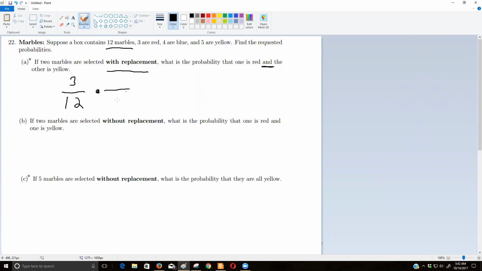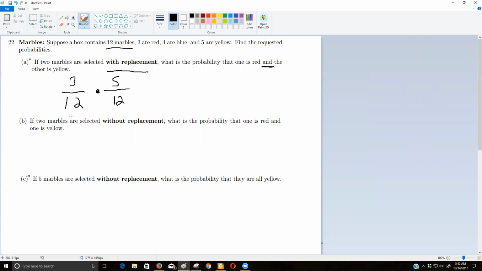Since I'm putting the marble back in, it's going to be over 12 still. And the other one's yellow, and there are 5 yellows.